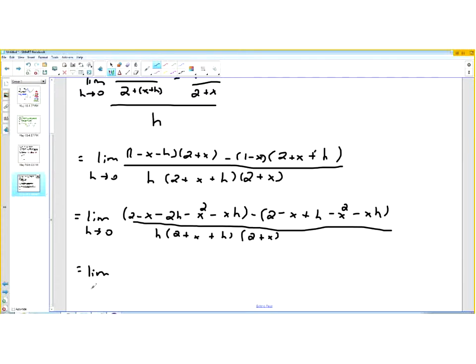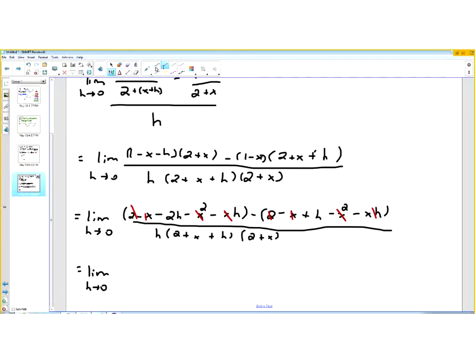So that would be the limit as h approaches 0 of, well, let's see, we have a bunch of cancellations going on here. 2's cancel, minus x's cancel, the minus x squares cancel, and the minus xh's cancel. A lot of nice cancellations here. And so we're left with minus 2h minus h.